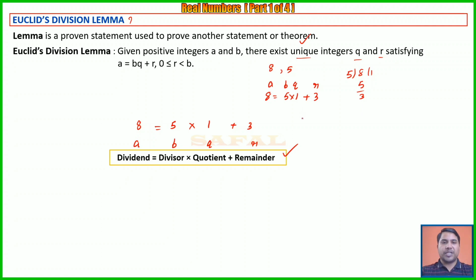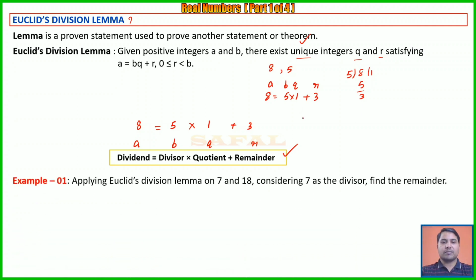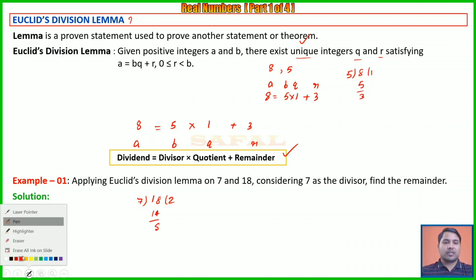Let's take up a question based on this lemma. Apply Euclid's division lemma on 7 and 18, considering 7 as divisor, find the remainder. So let's write the solution. We need to divide 18 by 7, because the question said take 7 as divisor. 7 2s are 14. So the remainder will be 18 minus 14, that's going to be 4.